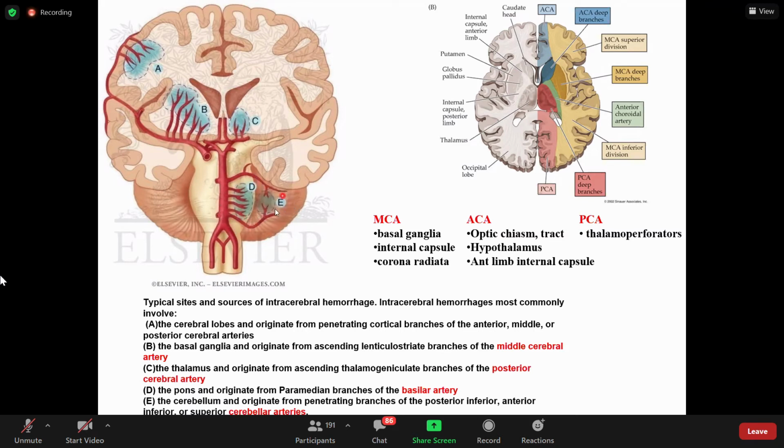Okay, if cerebellum, the cerebellar arteries, PICA, AICA, and superior cerebellar arteries. These are the major arteries that you will encounter whenever you go through any neuro rotation. Don't worry about tiny little branches. These are the major ones that you will probably ever encounter as a general physician or a resident of any other specialty other than neuro.